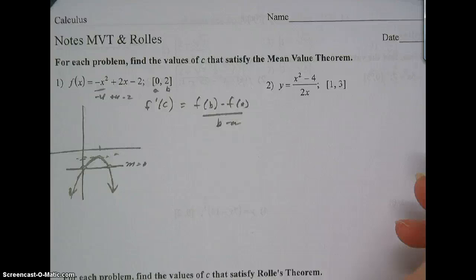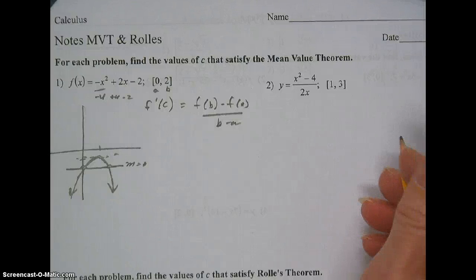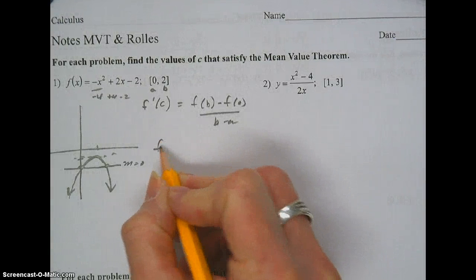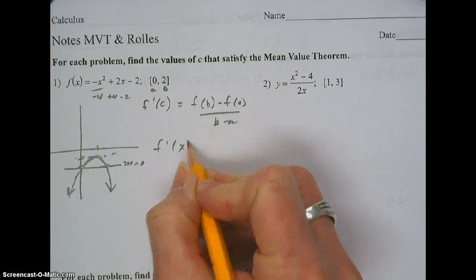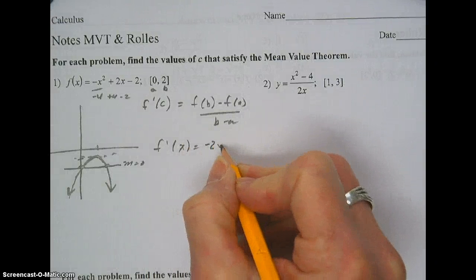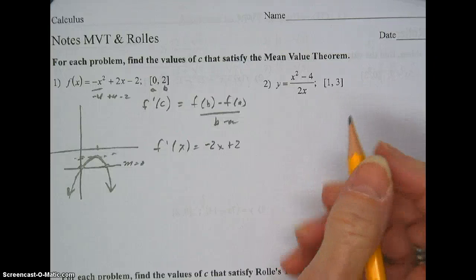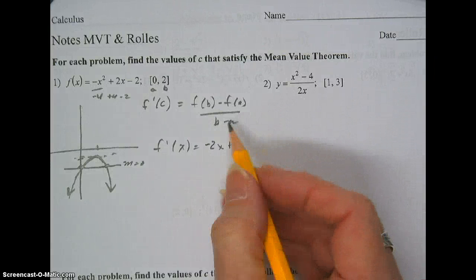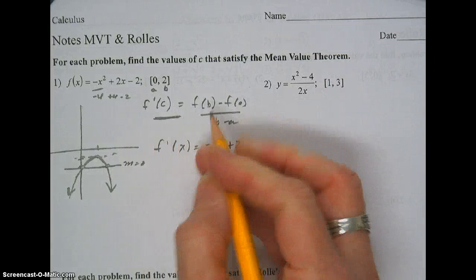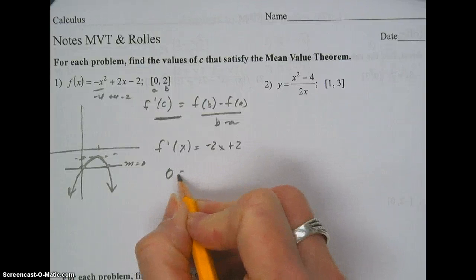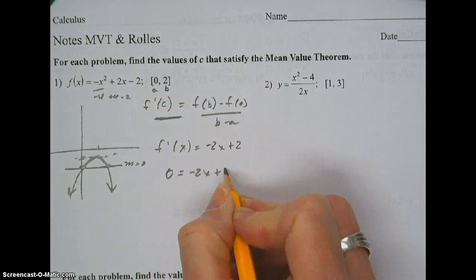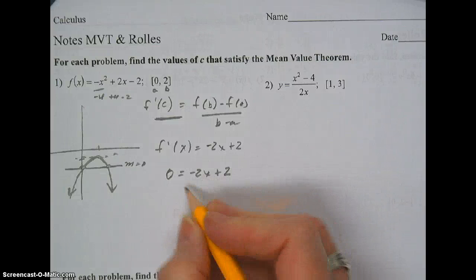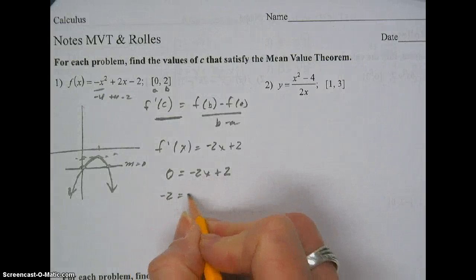So the process that you want to do is take the first derivative, and the first derivative is -2x + 2. Then the second step is you want to set it equal to this slope. Since we found that that was equal to 0, we'll find the x where that equals the case.